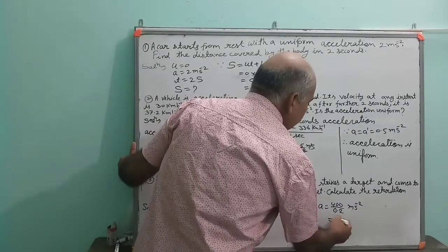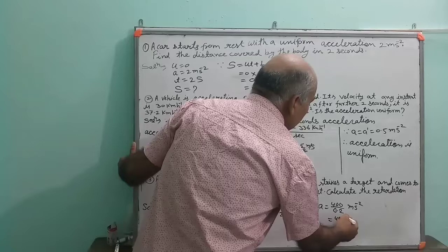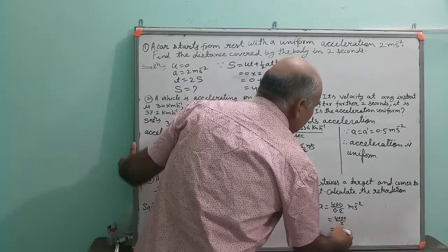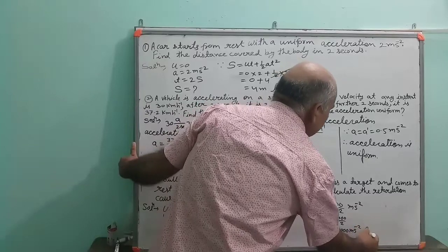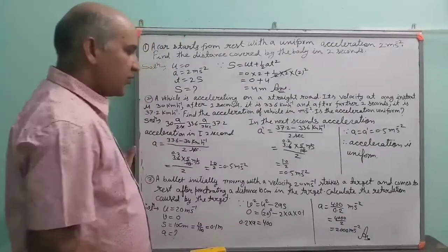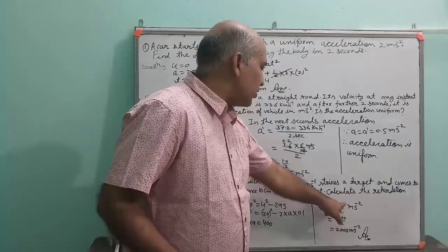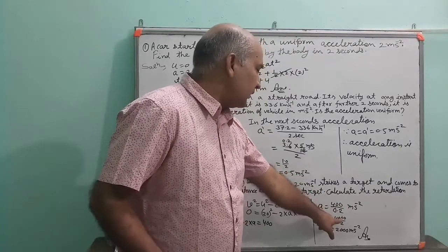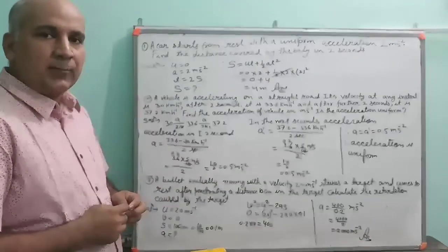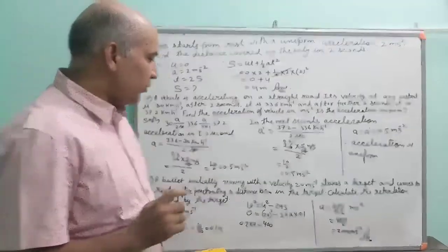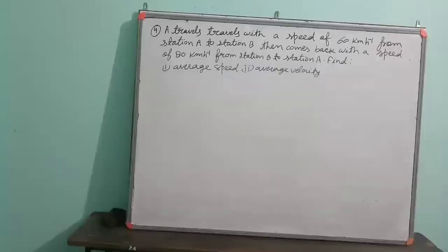So by solving it, 4000 upon 2 means 2000 meter per second square. Understood? When decimal is removed, 10 will be increased in the numerator, and then 4000 upon 2 is 2000 meter per second square. Okay? Now pause the video and note down these things.